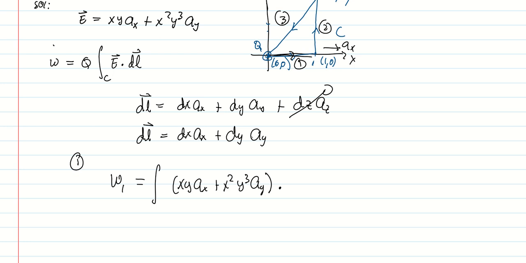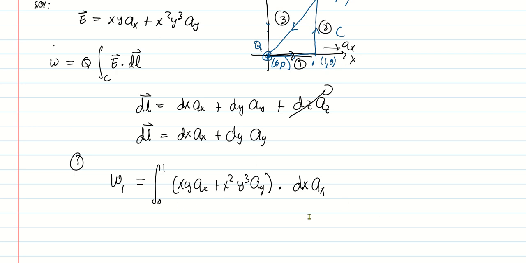So we can just take the dot product of this. Our dL here will be just equal to dx ax. We don't need to include dy ay because we're at this region of the path. So the component of that dL is just equal to ax. There's no y component. So that our limit now for the integral will just be also in terms of x, and that is from 0 up to this point, 0 to 1.